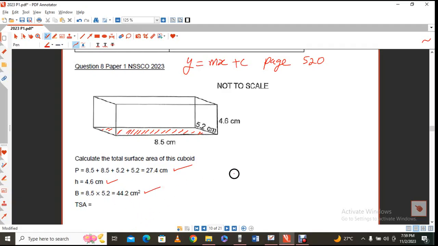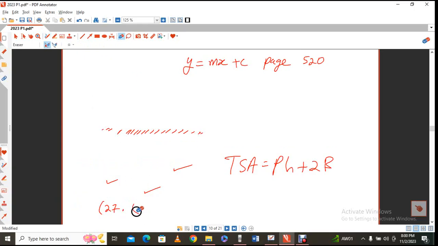So now, using my formula, TSA equals PH plus 2B. So it will be P, which is 27.4. Let me just put everything in brackets.